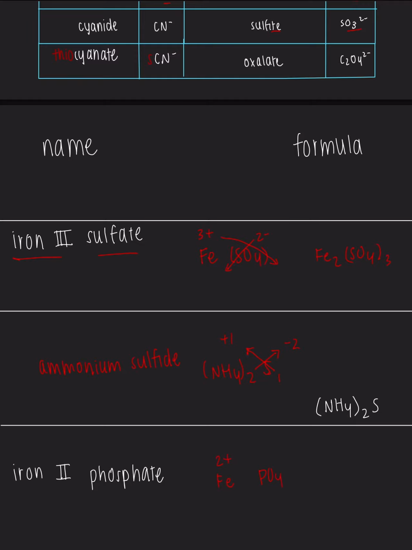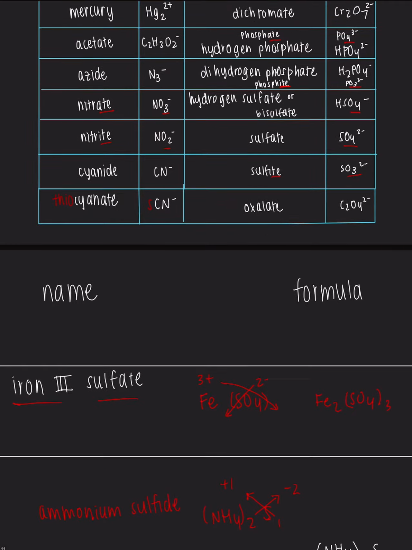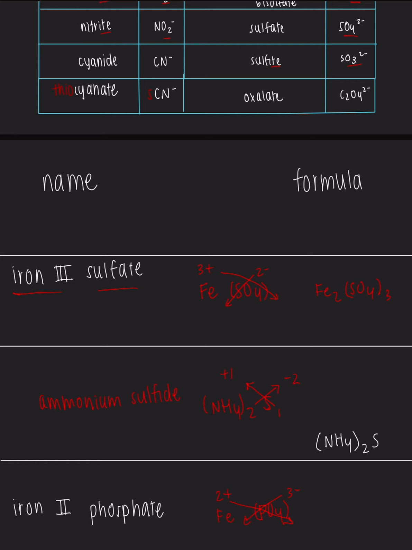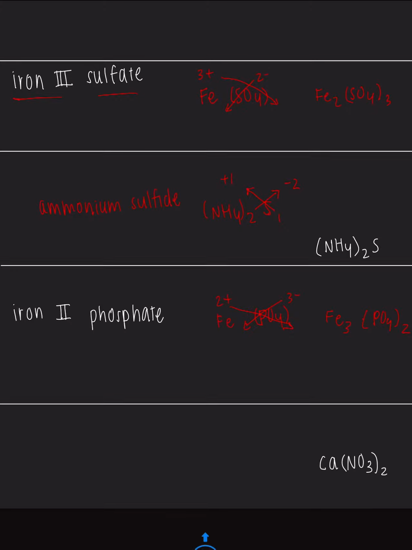But eventually know that in chemistry, you're going to have to actually memorize these and not just scroll up like I'm doing right now. So again, you're going to do the crisscross rule. That 2 is going to go over here, the 3 is going to go over here. So it's going to be Fe3(PO4)2. Don't do it in your head, guys, because you're going to make mistakes.